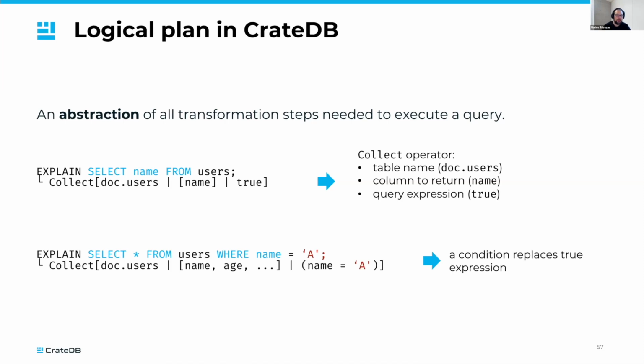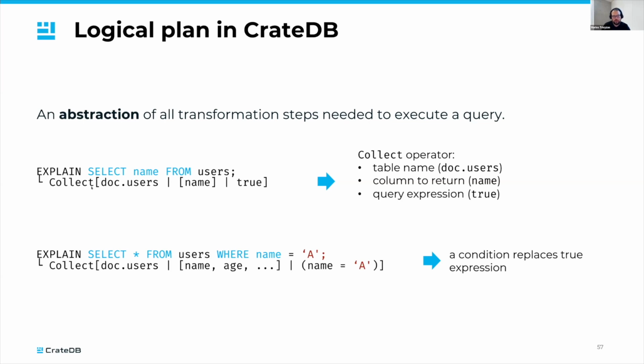So we will start with a simple example with just selecting the column name from the table users. And in order to get the logical plan, you just need to prefix any query you have with the explain keyword. So for this example, we can see that the explain plan, the logical plan we get, is really simple. It's a collect operator.